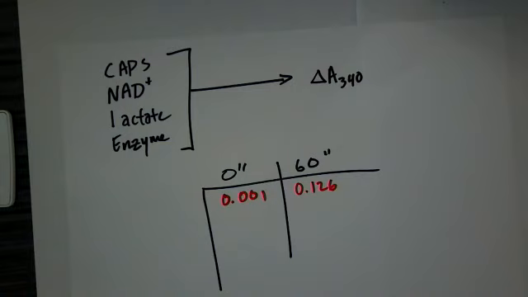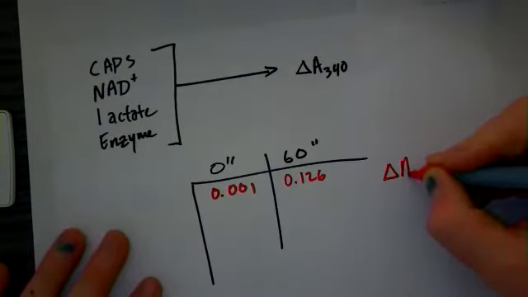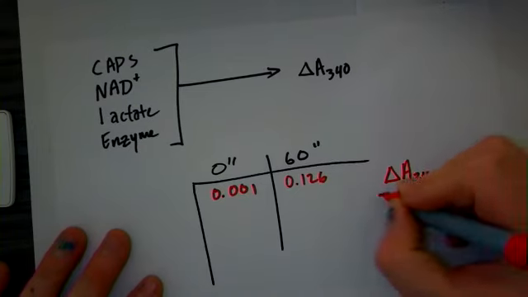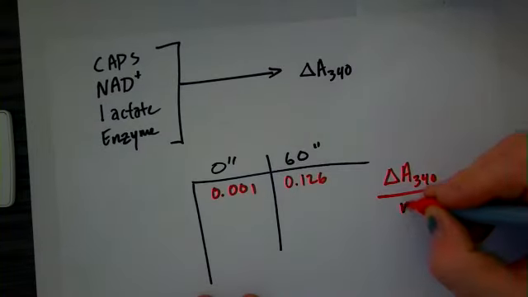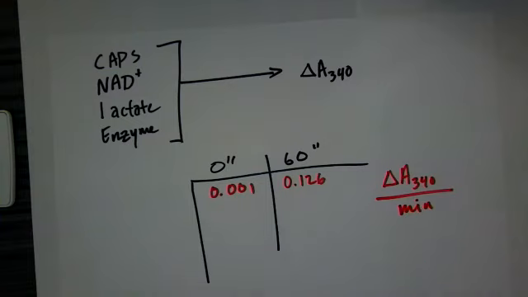You have a rate there. You have a delta A340 over 1 minute. Your absorbance at 340 nanometers has changed from 0.001 to 0.126.